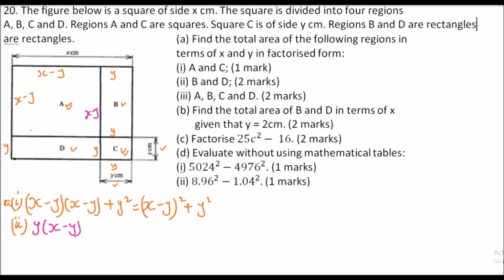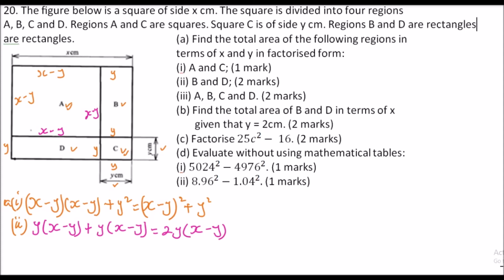That is the area of B. The area of D, this side is x minus y, and this is y. So this is plus y multiplied by x minus y, and you can add the 2 and you get 2y into bracket x minus y. So that is the area.